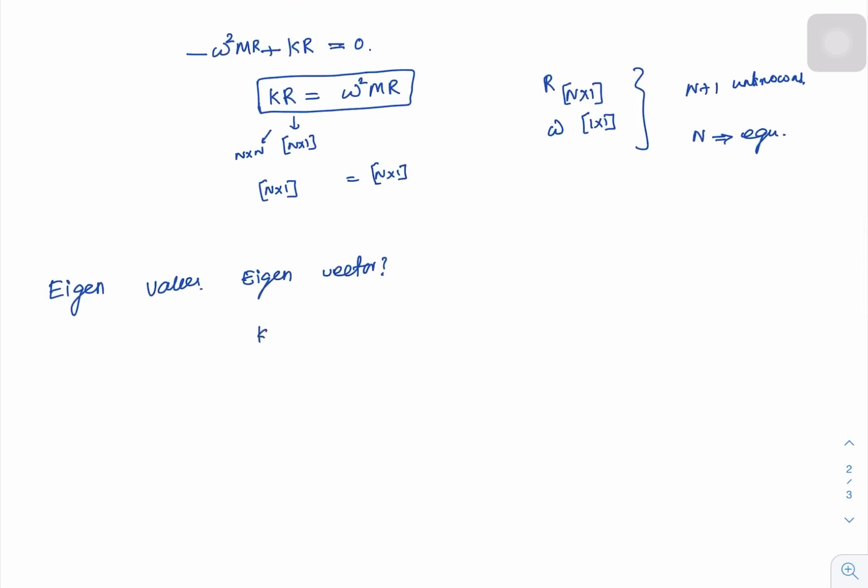Therefore this problem formulation is called an eigenvalue problem.